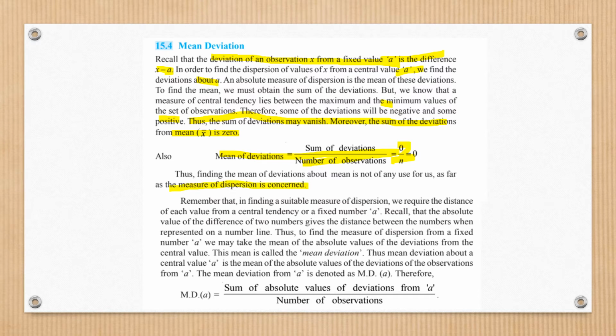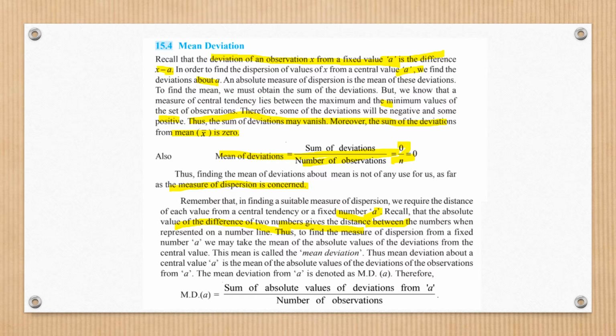So in finding a suitable measure of dispersion, we require the distance of each value from a, or a fixed number. Recall that the absolute value of the difference of two numbers gives the distance between them, meaning we need to ignore the signs. We need to ignore the signs, because if signs are there, like data -3, -2, -1, 0, 1, 2, 3, altogether the sum will be 0. So that means I will not get any idea.